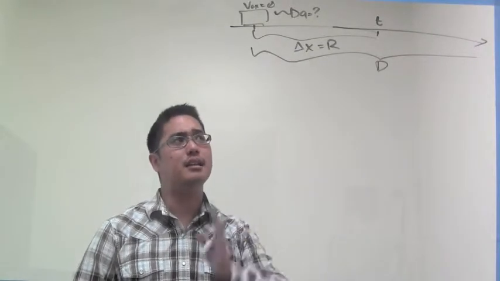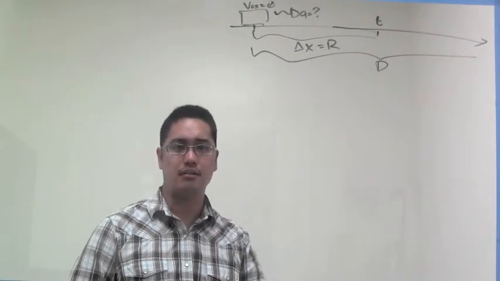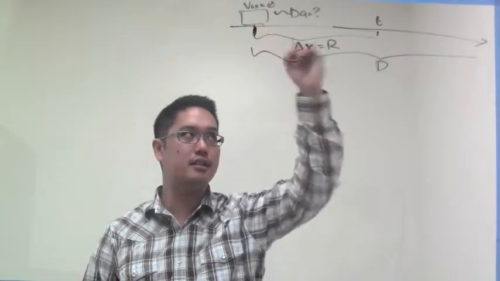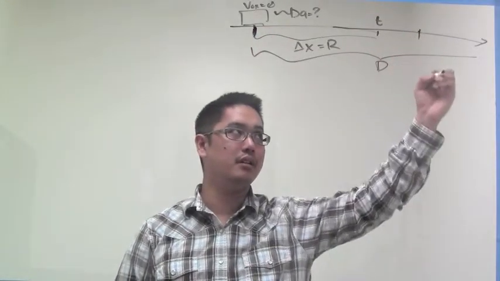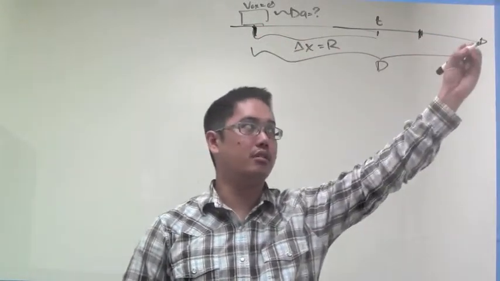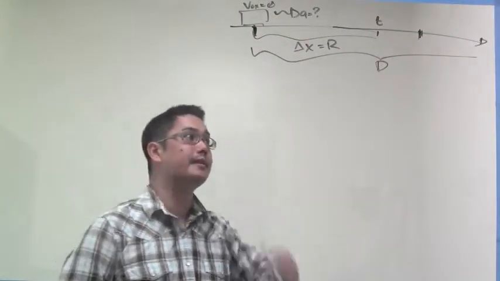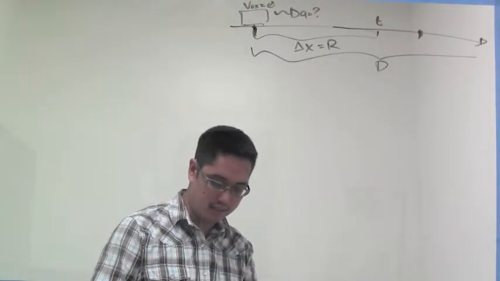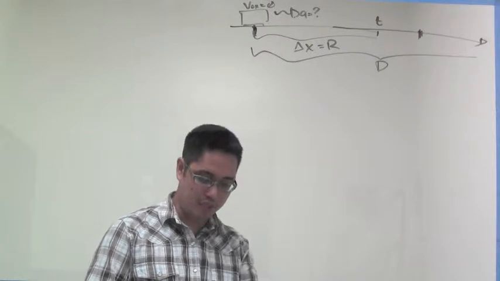So technically, he didn't have a constant acceleration through the whole problem. He had constant acceleration from here to maybe here, and he had constant acceleration from here to here, but not from here all the way to here. So my question is, how long does that take him to finish? This one takes a little bit more thinking.